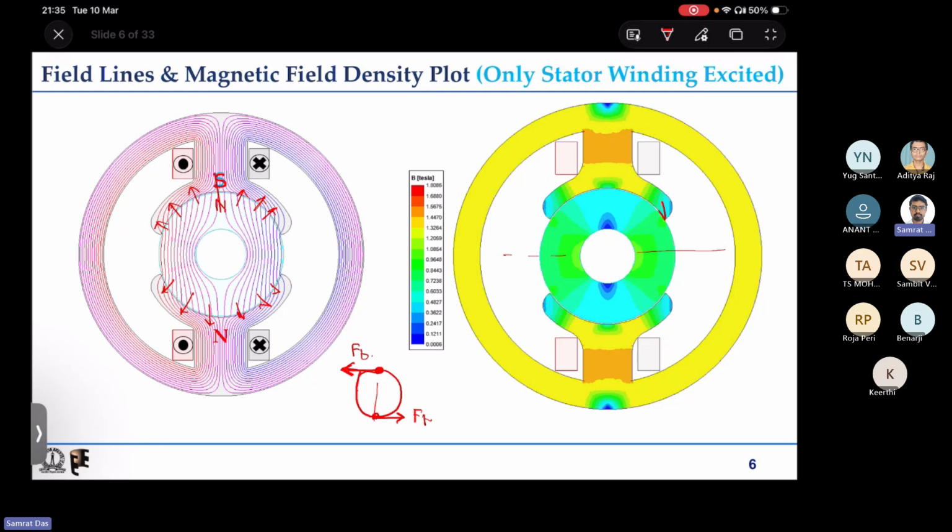That will cause a couple in a certain direction. So this is a couple or torque that will cause the rotation of the body. But we will eventually see that if only the stator is excited for a DC machine, or for that matter in any machine, if only one magnetic field is there, then there will be only force in the radial direction between the stator and the rotor, and it will not lead to torque production.